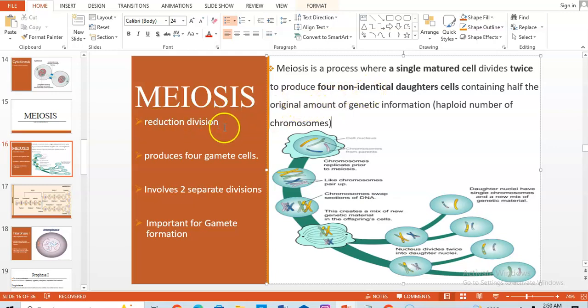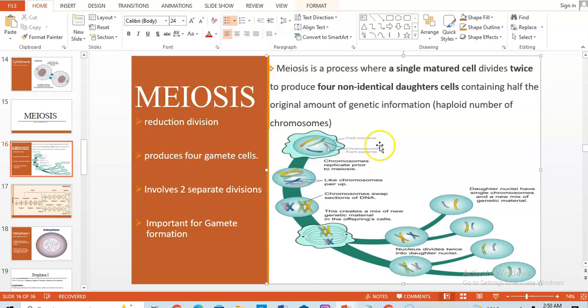So it's a reduction division, and the purpose is to produce 4 gamete cells at the end. For sperm formation, it's going to form 4 sperm cells at the end, which will still go into further division.